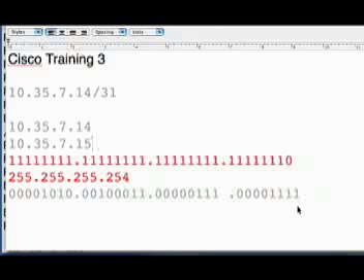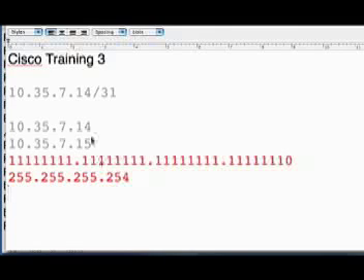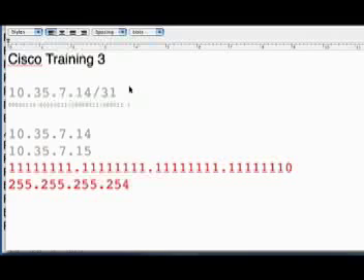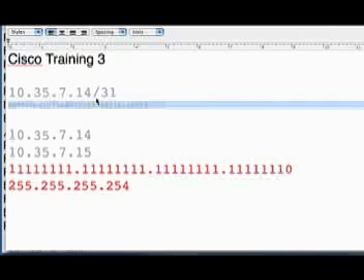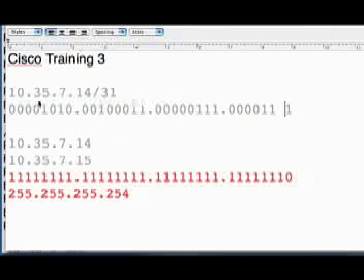Now, there's a problem, and the problem is if the host bit is always 0, then let's go back and put the IP address of our host there in bits. Okay, there's the IP address of our host in bits. Here's the network portion, and then the host portion at the end, the last bit.